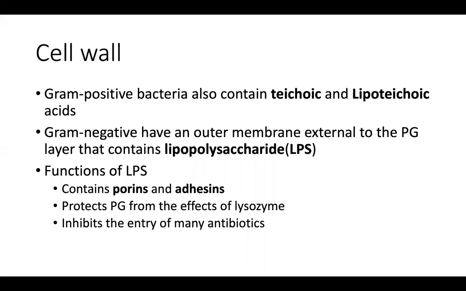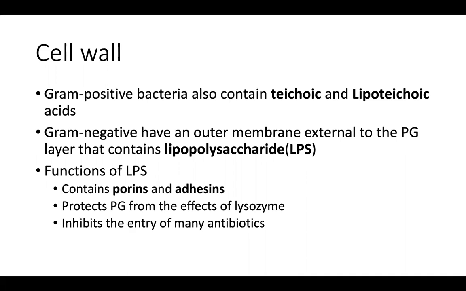So why talk about LPS? Why is it important in gram-negative bacteria? So LPS contains porins and adhesins, and this is because the outer membrane, as opposed to the peptidoglycan layer, is not freely permeable. And so any molecule that's getting into the gram-negative bacteria has to enter through some channels referred to as porins. So these are protein channels referred to as porins.